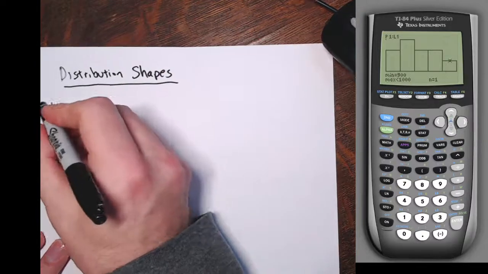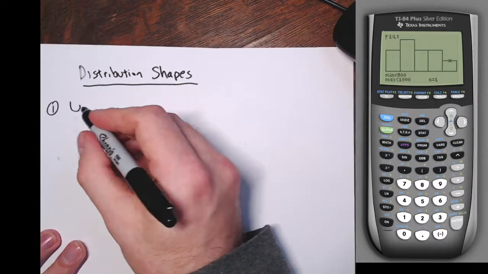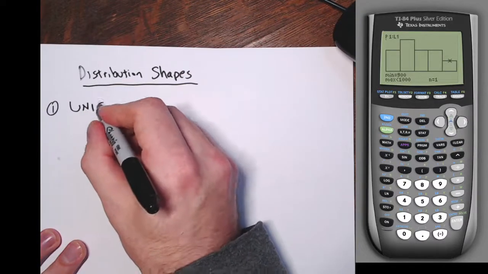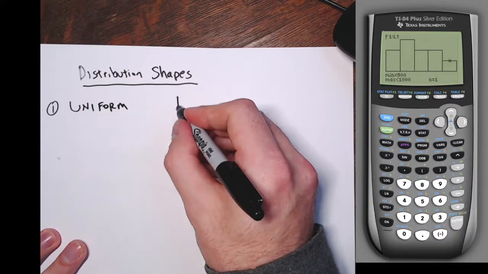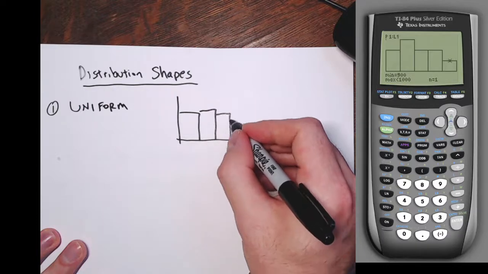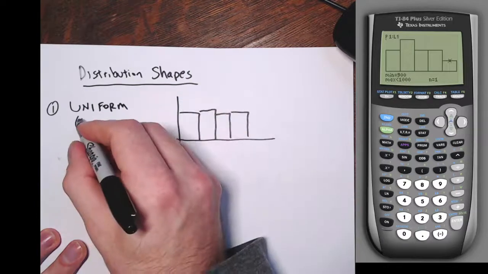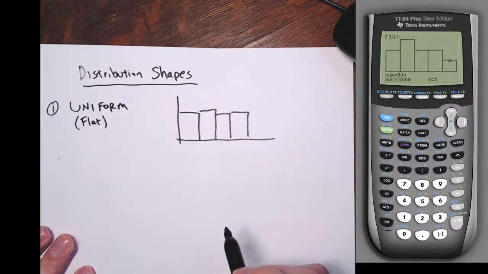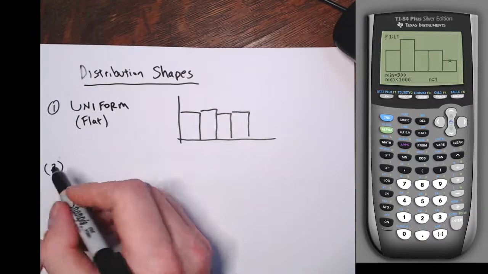You have a uniform. A uniform distribution is kind of flat. So if all the bars were about the same height, this is pretty flat.